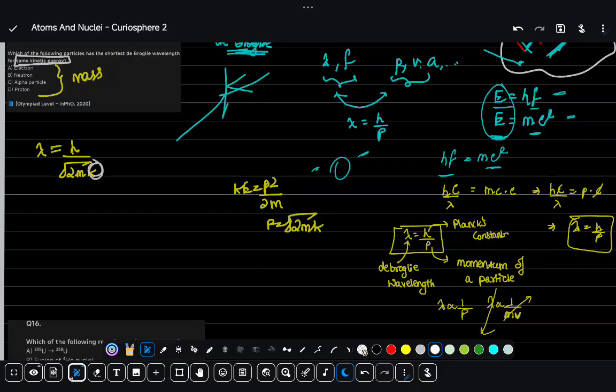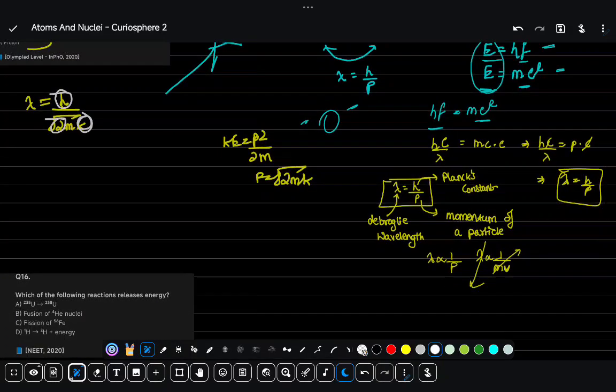So we rule out the possibility of kinetic energy because everyone has the same kinetic energy, and h is already a constant, Planck's constant for everyone. 2 is also a constant, so we have to come to a conclusion that lambda is inversely proportional to the root of the mass. Here the root we need not worry about much because we do not require to magnitudically compare.